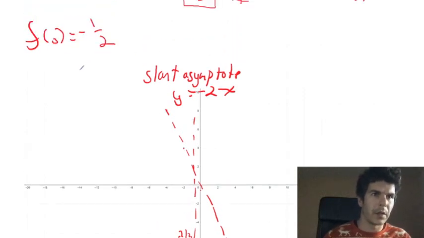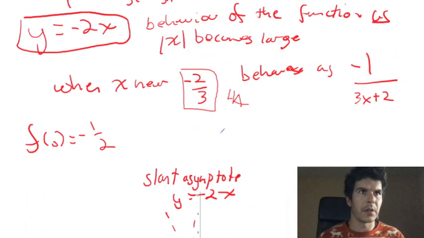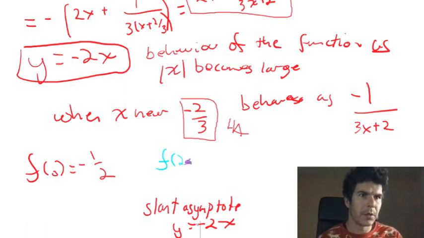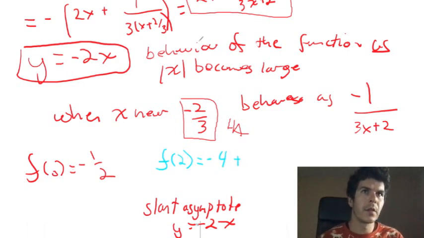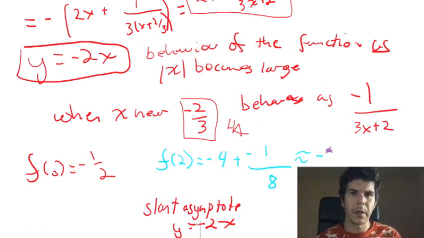So let's put in x equals negative 2 and x equals 2 just to see what it looks like. f of 2 equals minus 4 plus negative 1 over 8. Basically minus 4.